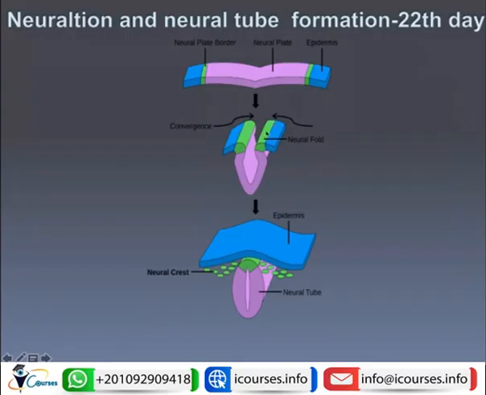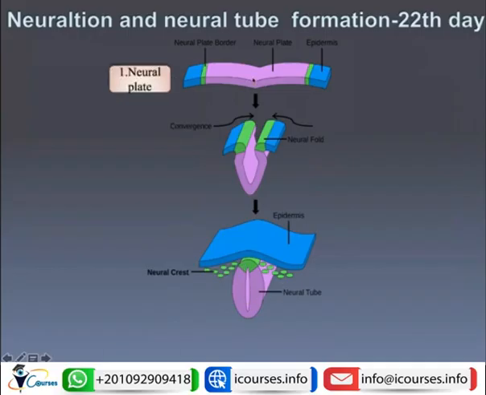By further proliferation of neural crest cells, they close together and form the closure of the neural tube. These neural crest cells will later form the mesenchyme, or transform into mesenchymal cells. The mesenchymal cells are arranged around the neural tube.